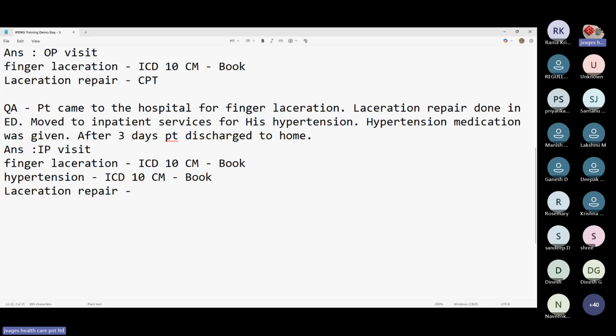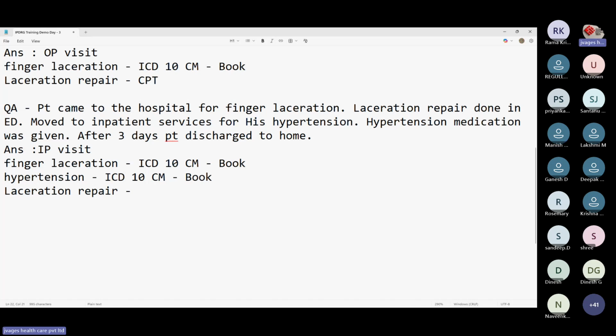But before admitting, can I give the ED bill to pay? Or otherwise, after discharging the patient, can I deliver 2 bill copies to the same patient? Is it possible? Can I produce a separate ED bill and a separate inpatient bill?